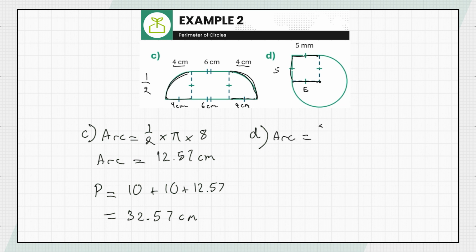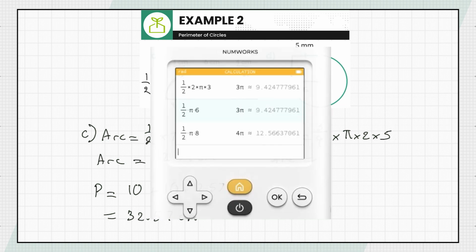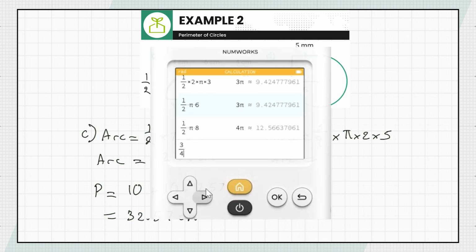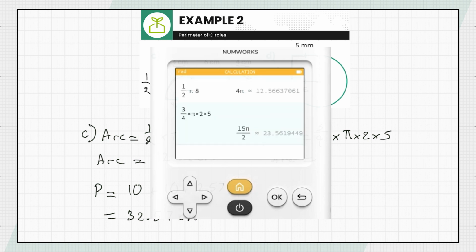So our arc will be equal to 3/4 times pi times 2 times 5, and that means that our arc will be equal to 23.56.